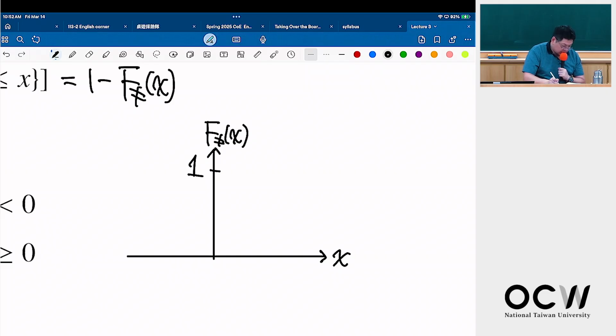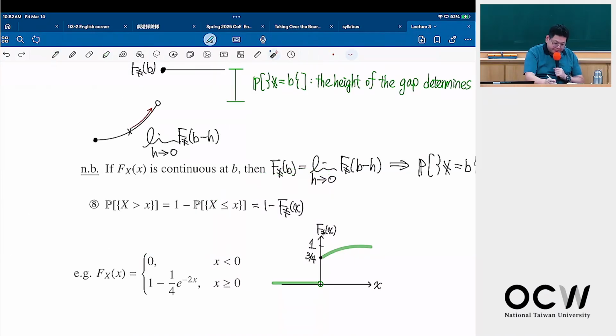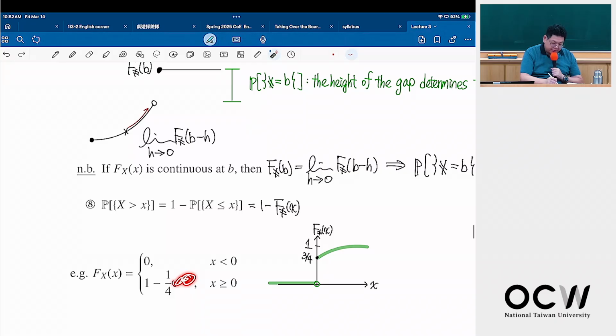So here's 1, here's 3/4. When x is less than 0, it's all 0, until x equals 0, then it goes to 3/4. Because when x equals 0, you plug 0 here, so it's 1/4. 1 minus 1/4 will be 3/4.